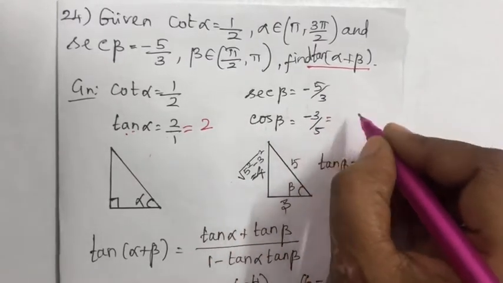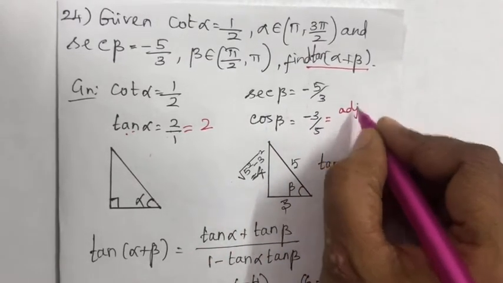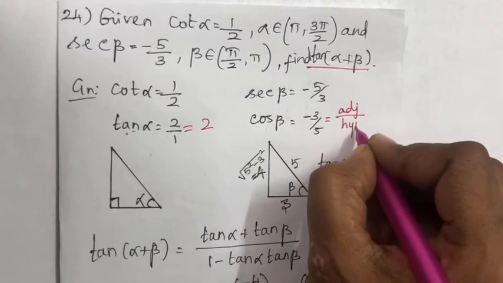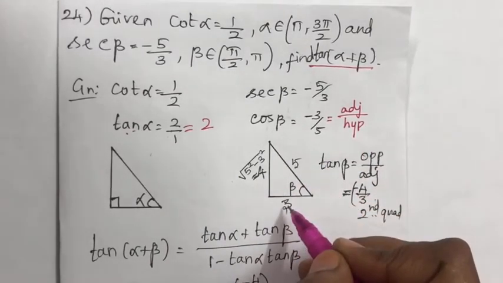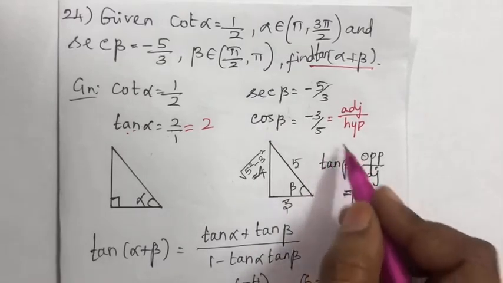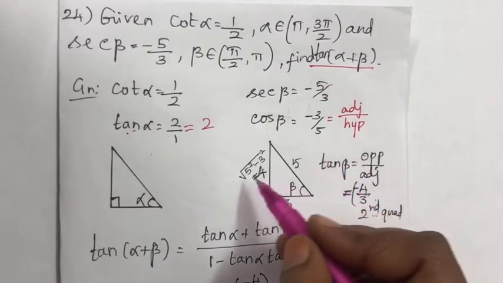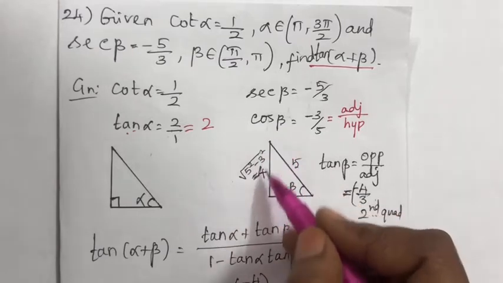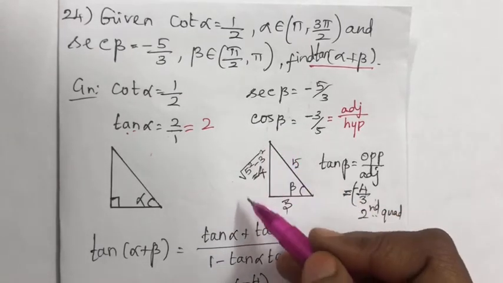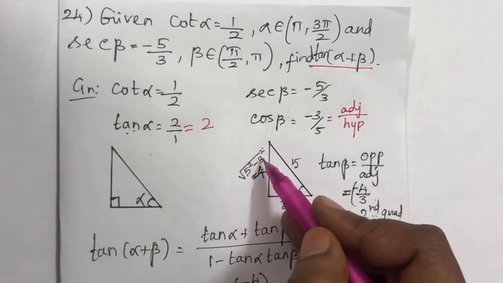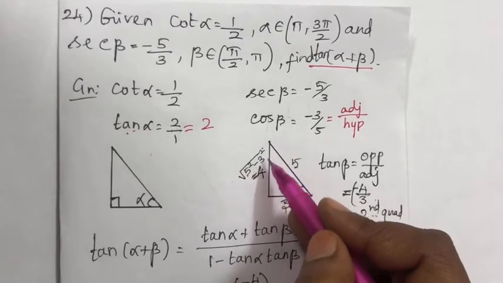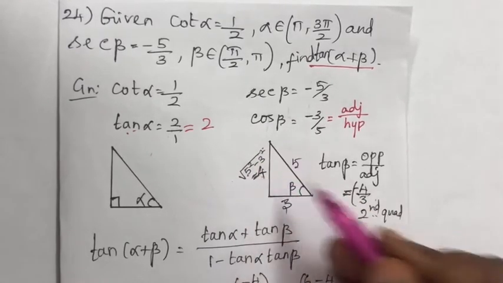Cos beta formula is adjacent by hypotenuse. So, in this right triangle, 5 and 3 are here. We have to find tan beta. So, for that you have to find the value of the opposite side. That is root of 5 square minus 3 square, that is 25 minus 9, and we have 16, square root of 16, that is 4.